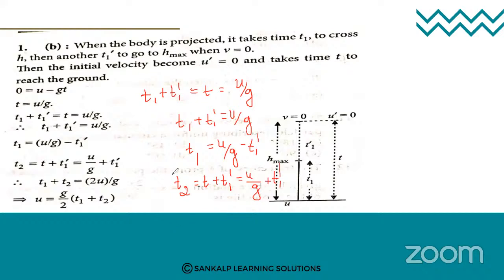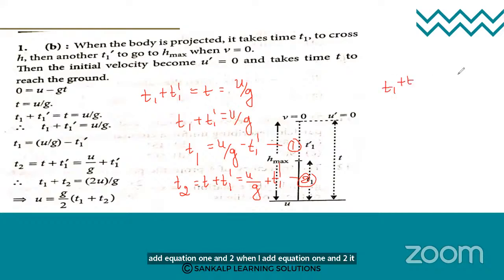So we have equation 1 as t1 and equation 2 as t2. When I add equations 1 and 2, t1 plus t2 becomes 2u by g, and the t1 dash terms get cancelled.